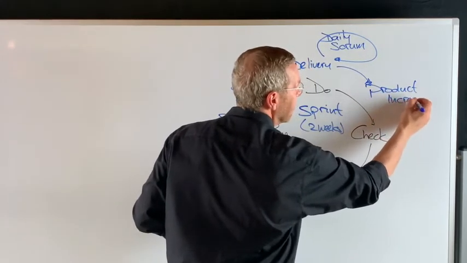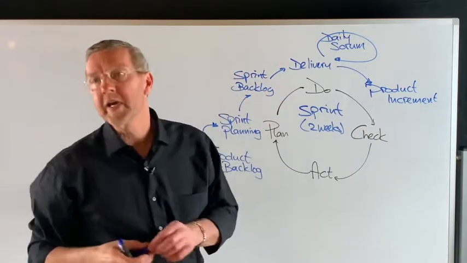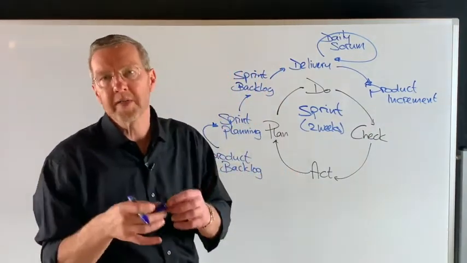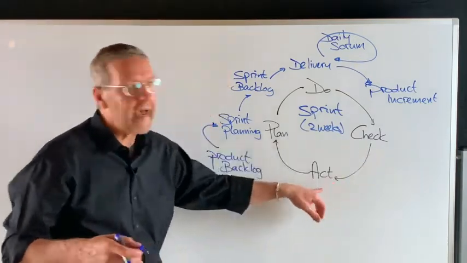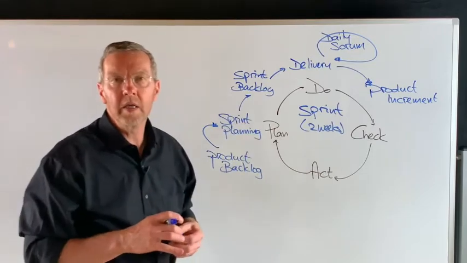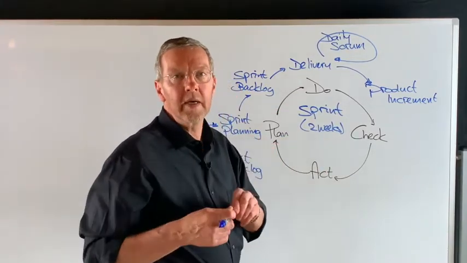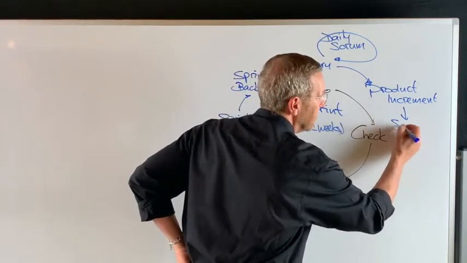And that increment is the input for the check. In Scrum, that check falls apart into two separate meetings, and it's actually check and act in one single event. Inspecting, checking that printed cap is done in sprint review.